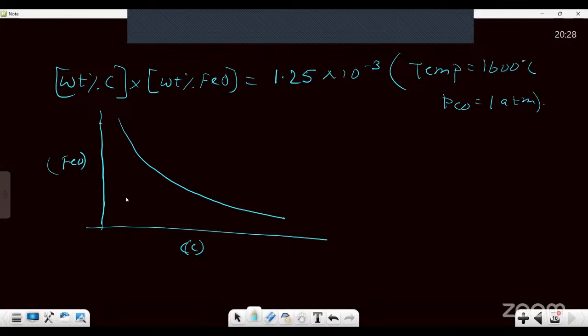Why? Because the carbon will take up the oxygen from the FeO.